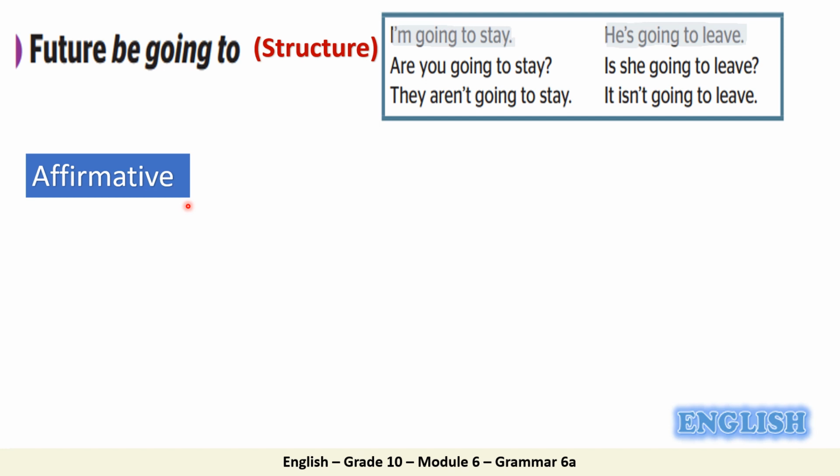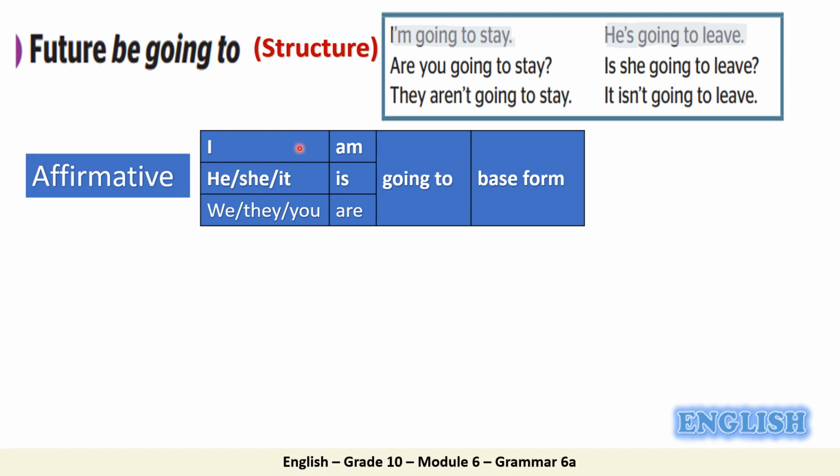Pause and try to extract it from the sentence. Let's check what you came up with. The rule is subject plus verb to be plus going to plus base form. Well done. Now, for example, we will say you are going to leave. Subject, verb to be, going to, and base form.